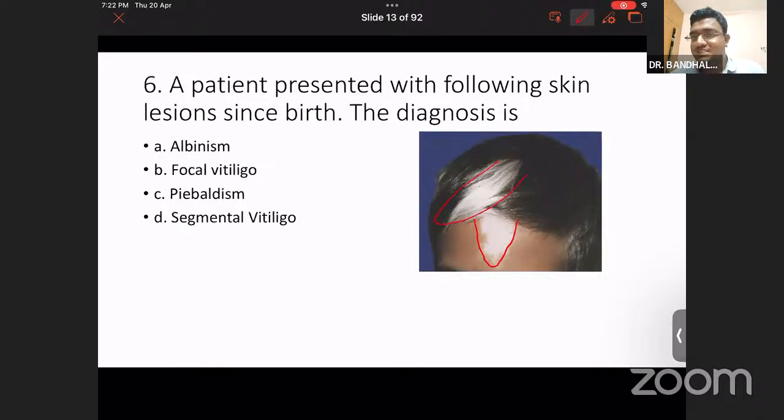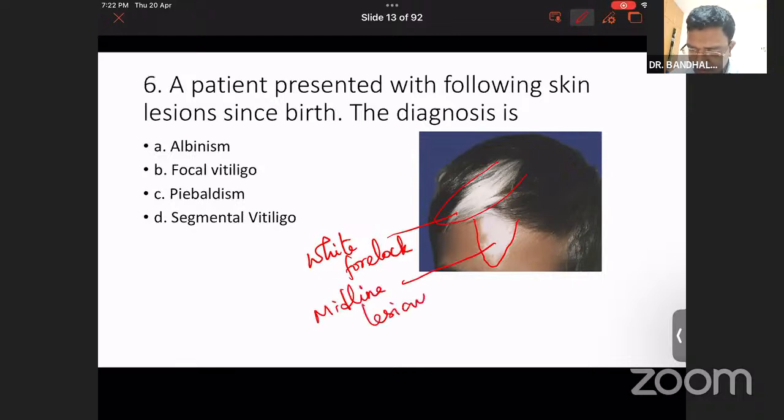If you are seeing this, it is directly towards piebaldism. Midline lesions with white forelock. White forelock with midline lesions. This is piebaldism.